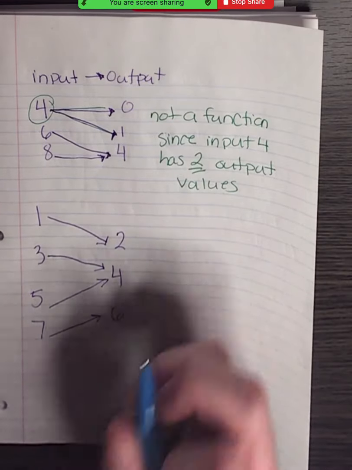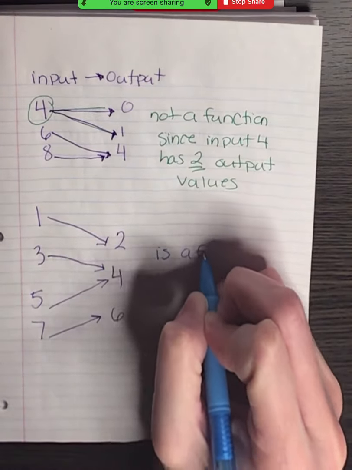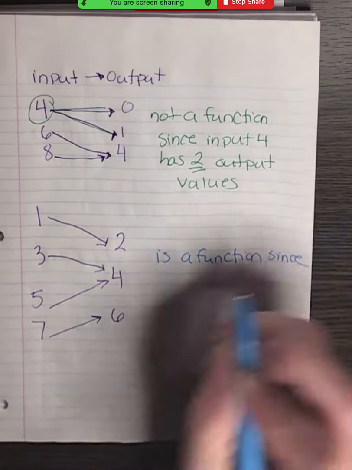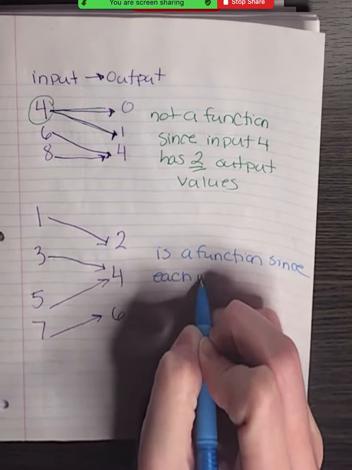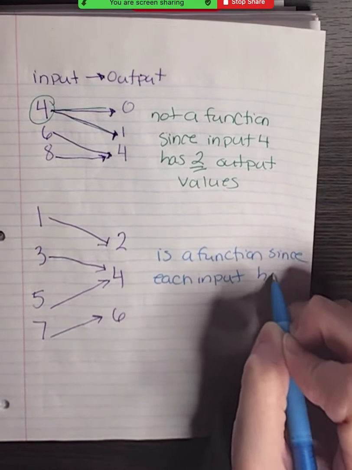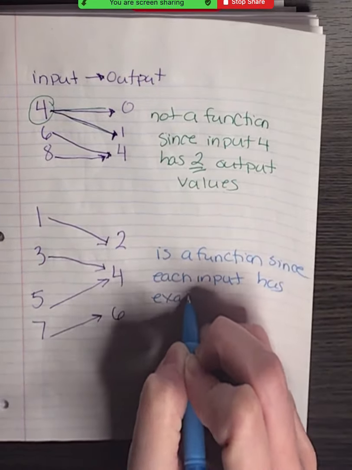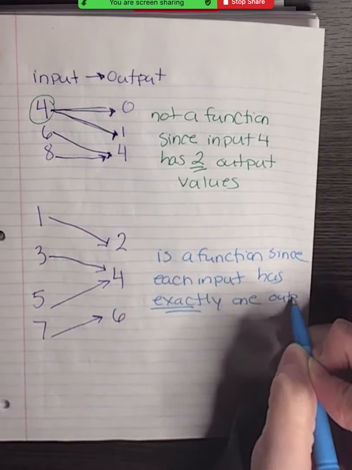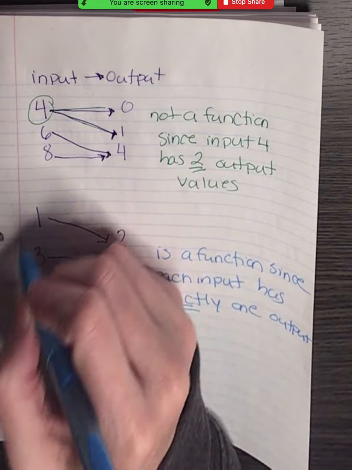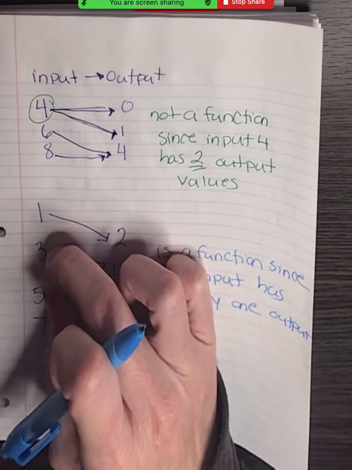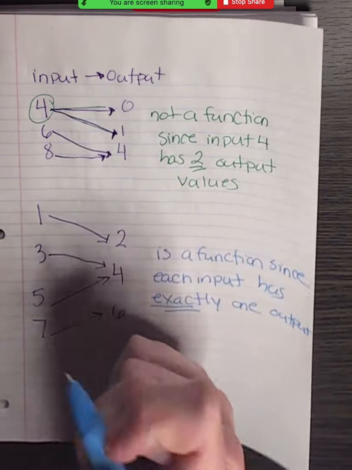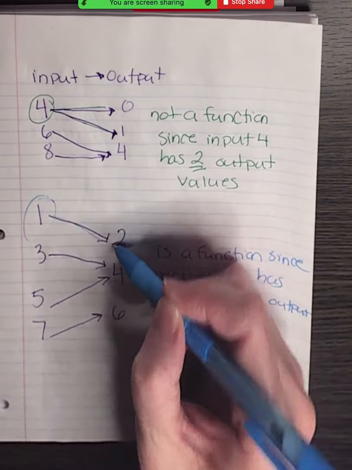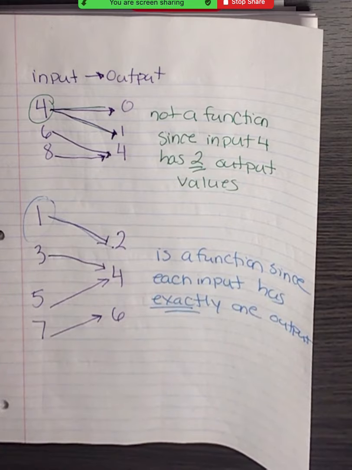This is a function since each input has exactly one output. It doesn't matter that these two input values give you the same output value. All that you need for a function is that one number goes in, one number comes out. So this is a function.